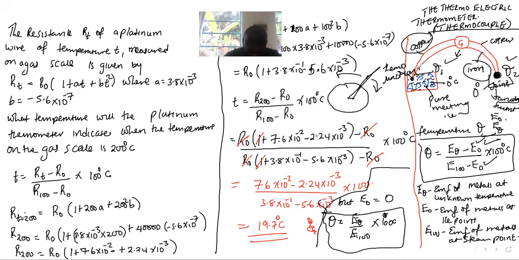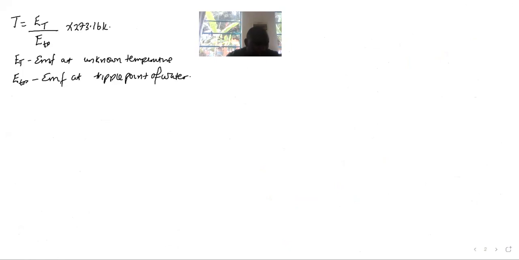Some of the advantages of a thermocouple are: one, it has a small heat capacity, and this can be used to follow rapidly changing temperatures. Small heat capacity means, some of you don't know what heat capacity is all about, heat capacity is the amount of energy you require to heat a given substance to reach its boiling point.